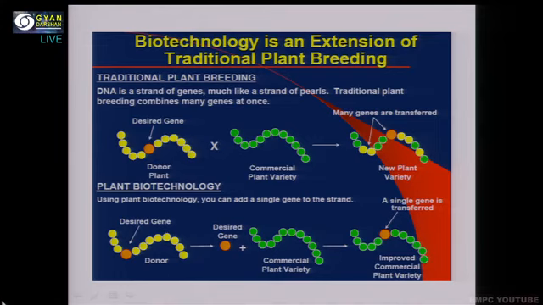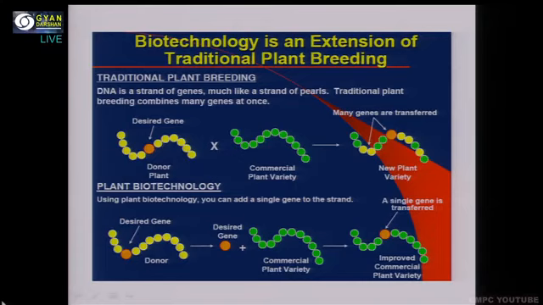Now, in the picture given in this presentation, you can see that two techniques are placed parallelly. One is the plant breeding technique and another is the plant biotechnology technique. Initially, what is meant by breeding? That means you cross, you hybridize. That is, one plant having the desired gene or desired trait and another plant which is not having that trait, you cross and you bring the desirable gene into that particular recipient variety.